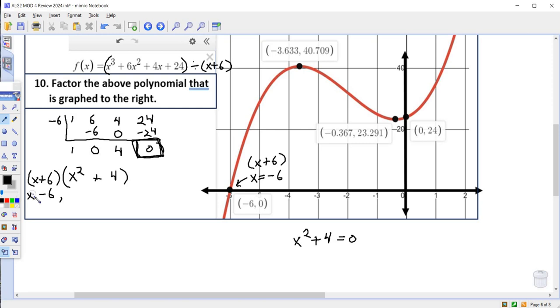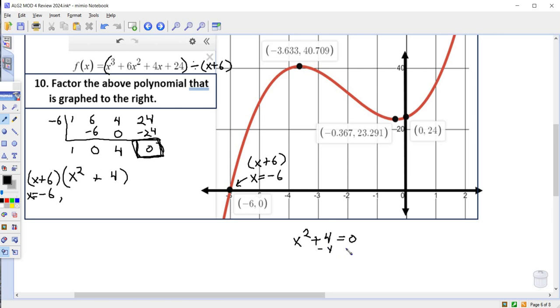That's the 0. And we get that by setting that factor equal to 0. So let's set this factor equal to 0 and see what the roots are for this particular factor.